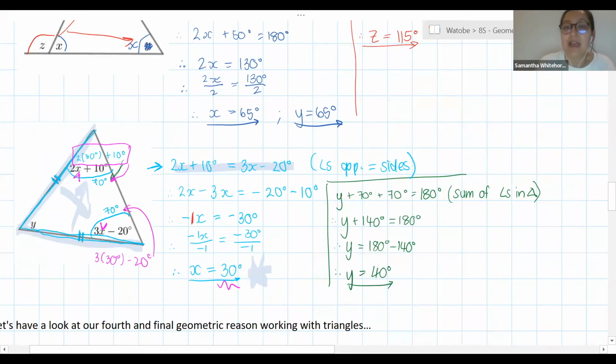We said that the angles are equal to each other, so it makes sense that they're both equal to 70. And only once I've done that can I then use my sum of angles in a triangle, because then I've got my 2 angles and I can just solve for y. So I know that y plus 70 plus 70 is 180, and then I can do my sum of angles in a triangle to get what y is equal to.